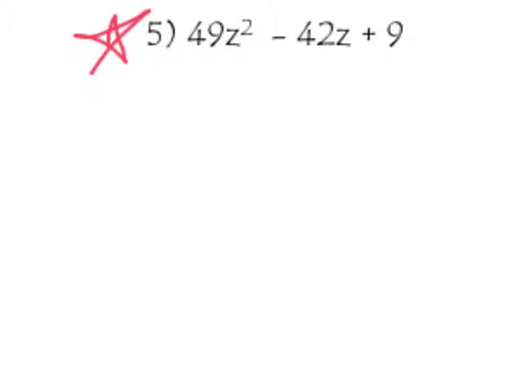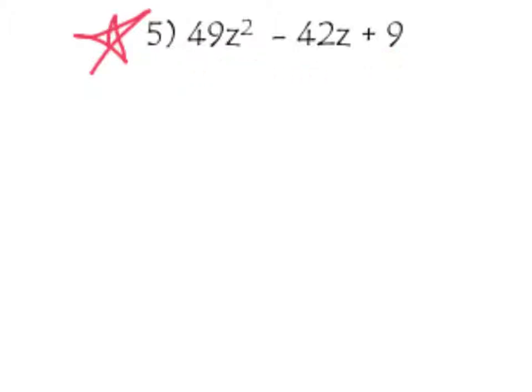And number 5, here's a case where you look for a greatest common factor, and actually you won't find one. You have to be careful with this, because these two terms both have a 7, but this one doesn't, so it's not a common factor. And these two terms both have a 3, but this one doesn't, so it's not a common factor. But what if they did have a common factor?